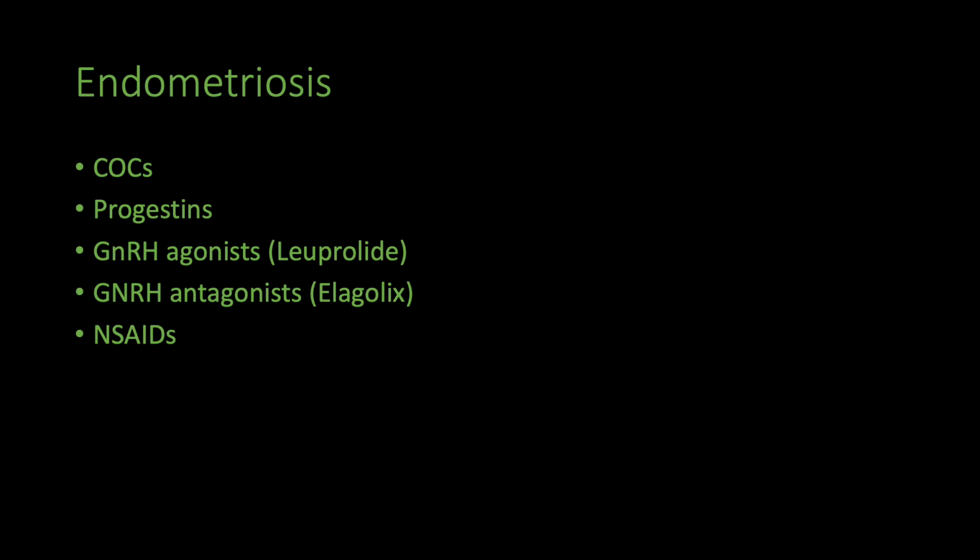I wanted to show that on one slide so you can see the differences here. I guess the agonist will somehow become an antagonist if overused, and I'll show you that in a future slide. And progestin is connected to the combined oral contraceptive, so I'm going to show you piece by piece on that too.